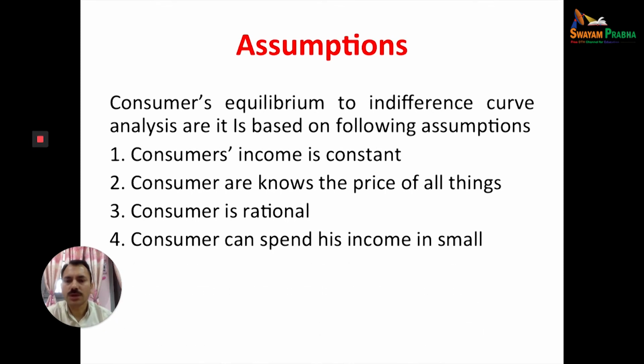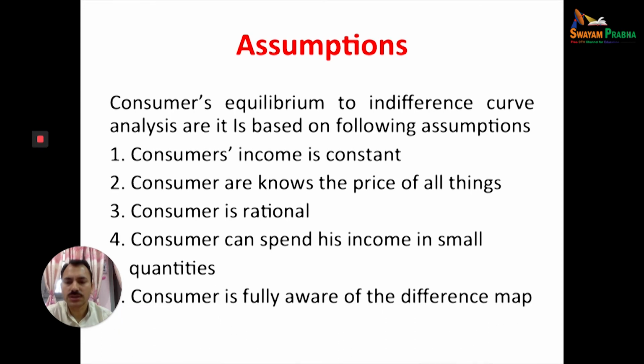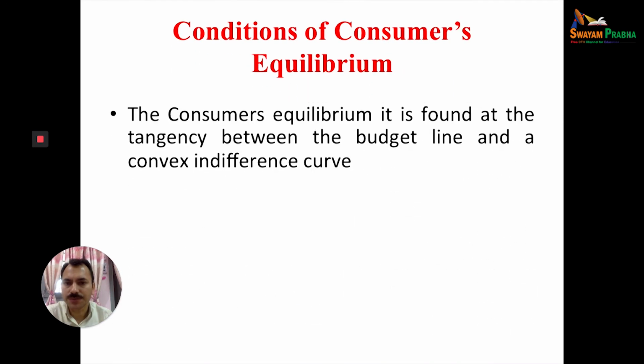And the consumer can spend his income in small units, small quantities. The consumer is fully aware of the indifference map, meaning he is rational, he can rank the commodities as per his preference, and goods are divisible.